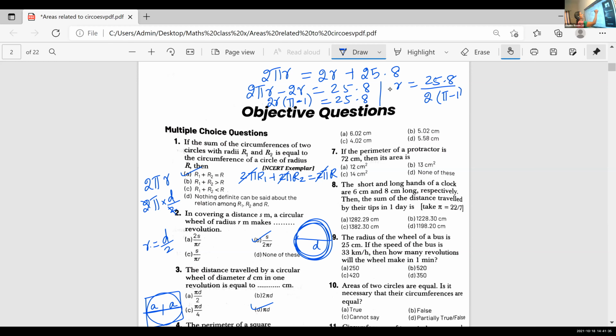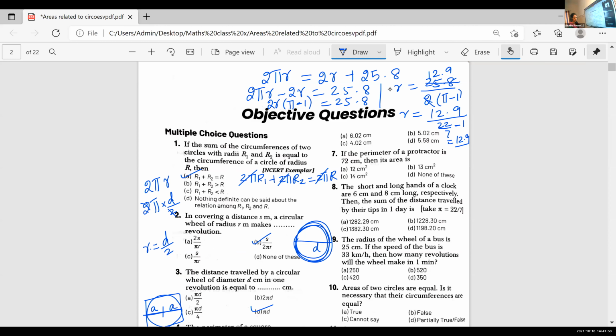12.9. So r is equal to 12.9 by 22 by 7 minus 1, which is 12.9 by 22 minus 7 over 7. What is 22 minus 7? 15. And that 7 will go to the numerator. So it's 7 into 12.9 by 15. Simplify this.